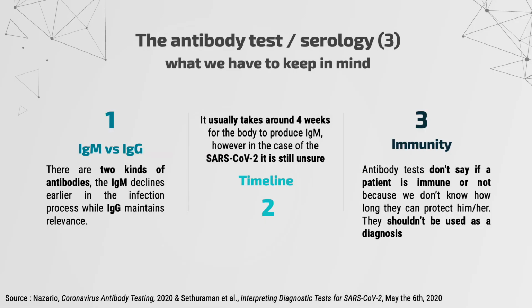And so the key points that we have to keep in mind are the specifics of the antibodies involved, which are IgM and IgG, the timeline, or usually how long it takes for the antibody production, and then remembering that in terms of immunity, we can't know for sure if a patient is immune or not, but certainly these antibody tests can give us a good groundwork to understand the mechanisms behind the blood samples that we take and whatever analysis we perform.